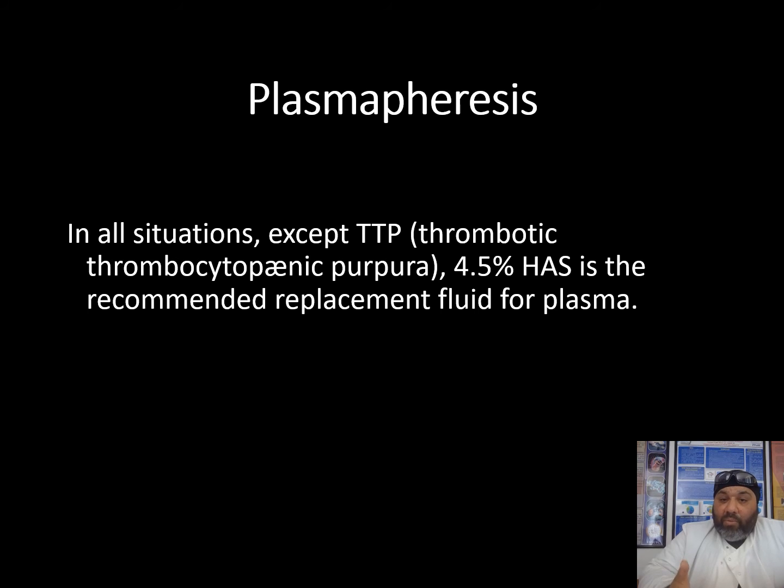So it's important to know that plasmapheresis can be a way to remedy patients with known TTP conditions.